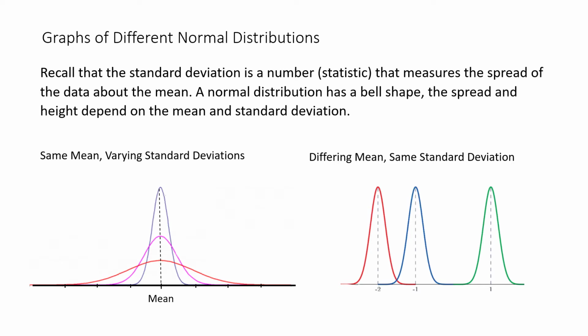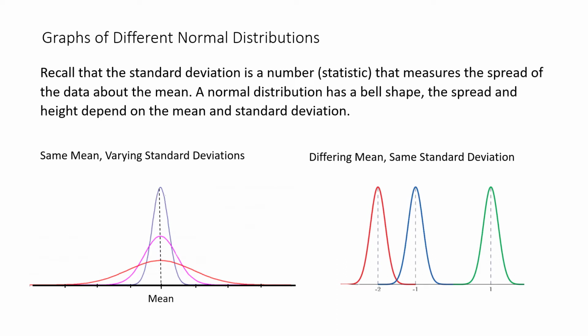Graphs of different normal distributions. Recall that the standard deviation is a number or statistic that measures the spread of data about the mean. A normal distribution has a bell shape. The spread and height depend on the mean and standard deviation. Consider the three graphs on the left-hand side.